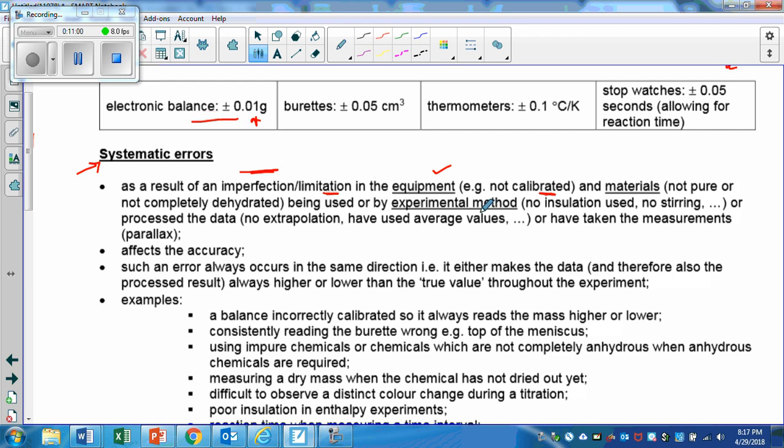Your procedure, as I said, is wrong, or there is no insulation in your calorimeter or in your cup that you're using, so there is heat loss to the system that you cannot control. You cannot cover your material, so there is a heat gain or loss to the surroundings.